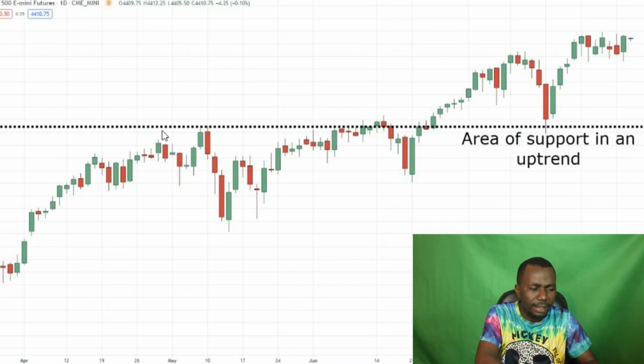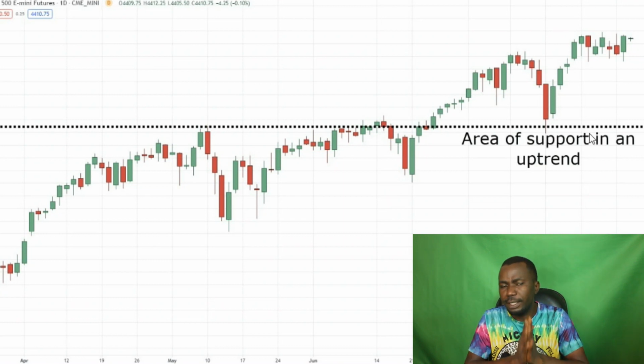Now that I've confirmed this is a resistance level, you are waiting for the price to cross it. Now that the price has crossed it, this has become your area of value. You are now waiting for the price to come back to the resistance level, now turned support, for you to take action. So now that you have identified your area of value, you look at the next action.